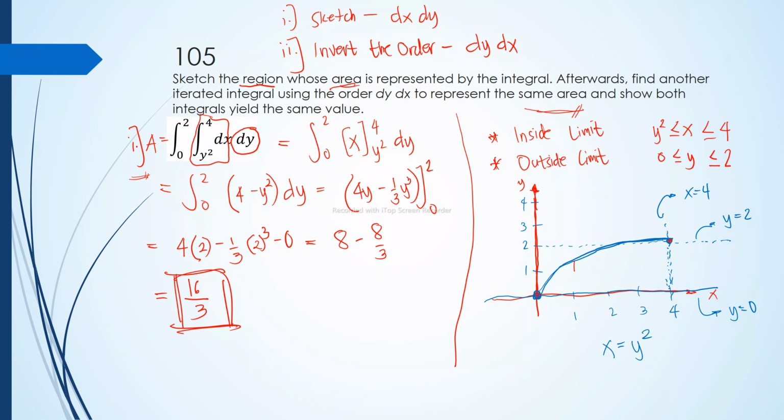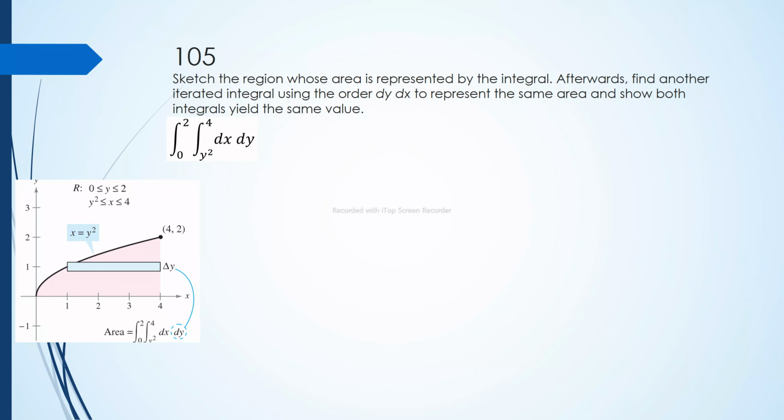Okay, next we are asked to find another iterated integral with the inverted order. You can see we have the horizontal rectangle, and if you look at the outermost variable of integration, that defines our type of strip.